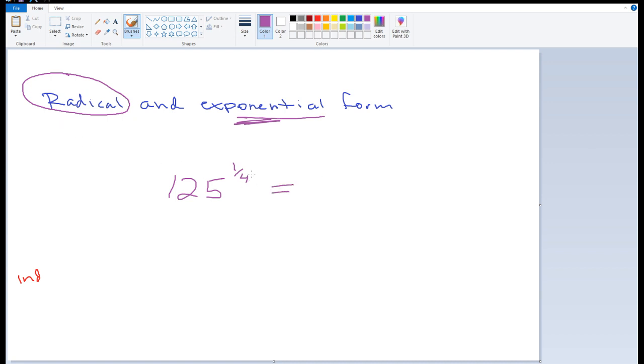Again, this denominator tells you the root, or the index. In this case it is going to be 4. So the 4th root of 125. And so now the question is, what number is the 4th root of 125? And the answer is 5, because 5 times 5 times 5 times 5 is 125.